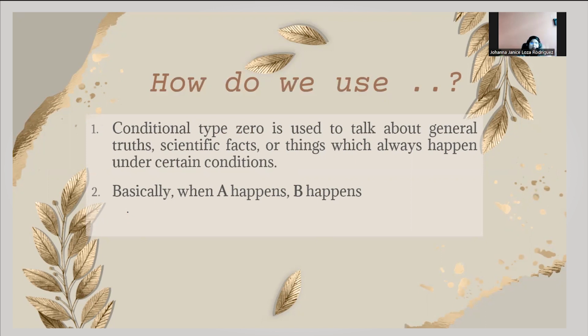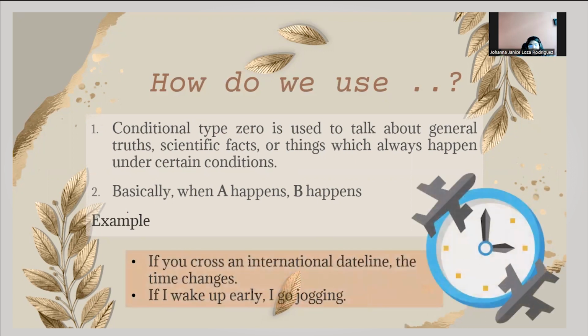Condition and result, the choice and result. Really simple. For example, if you cross an international dateline, the time changes. For example, Peru has a different hour than Japan, in another country. If I wake up early, I go jogging. No, that is a general truth for me. The first one is a scientific fact.